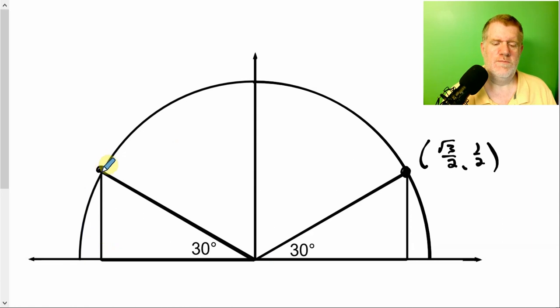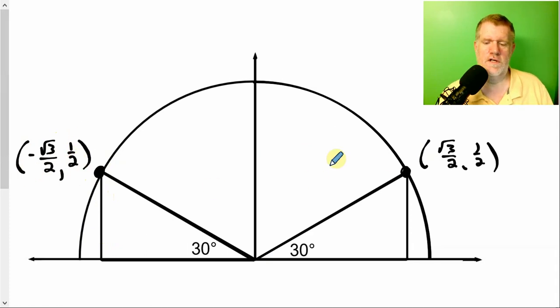Okay. What's this point here? It's just a coordinate point in the second quadrant. So the x values are negative. I went to the left, square root of 3 over 2, and up 1/2. So there's that little pattern there.